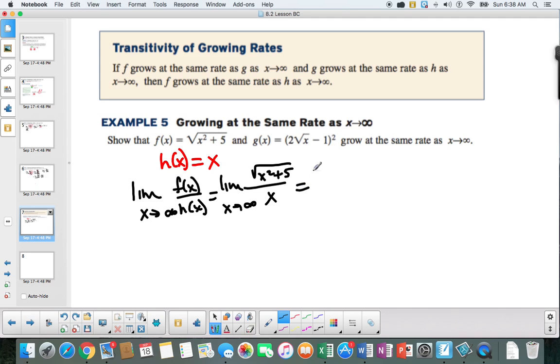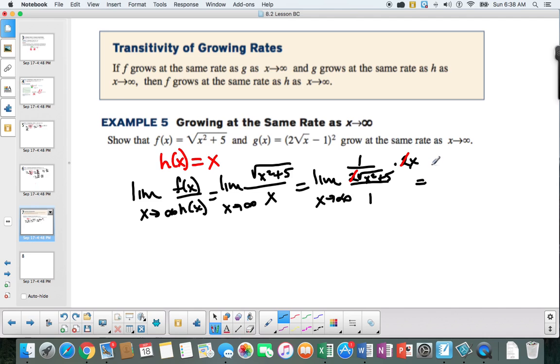This is an infinity over infinity situation, so I can go ahead and use L'Hopital's rule. So that'll be 1 in the denominator, and then this will be 1 over 2 root x squared plus 5, and then using the chain rule, 2x. The 2's will reduce, and we can see that we can use L'Hopital's rule again.